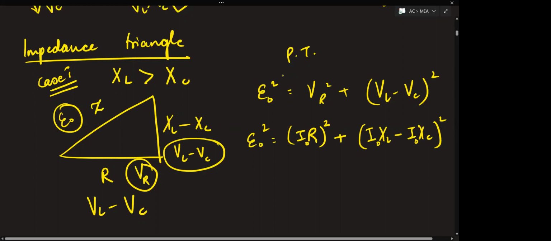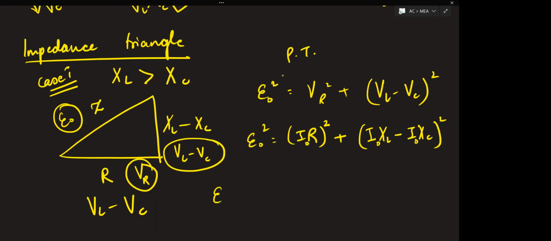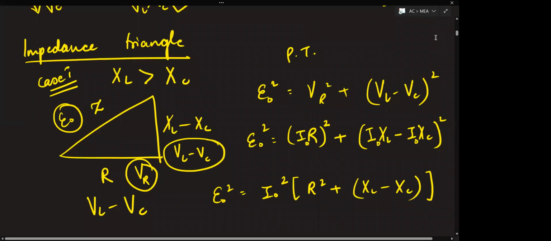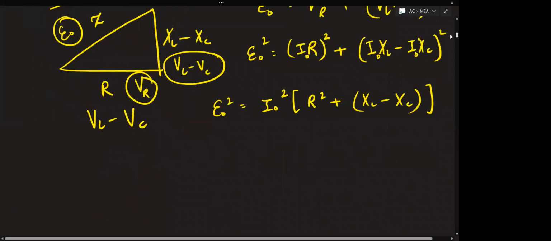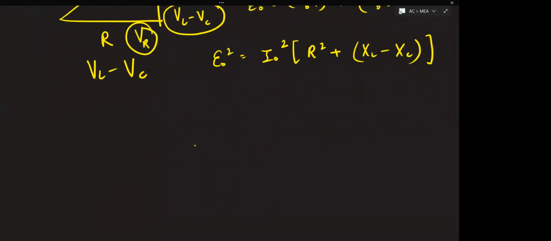So from here, what do we have? We can take I naught common. I naught square is coming common from all of these. So if you talk about I naught whole square, here I naught whole square can be taken common. What is left? R square plus (XL minus XC) whole square. This is left from here. Now, bring this I naught in the denominator.